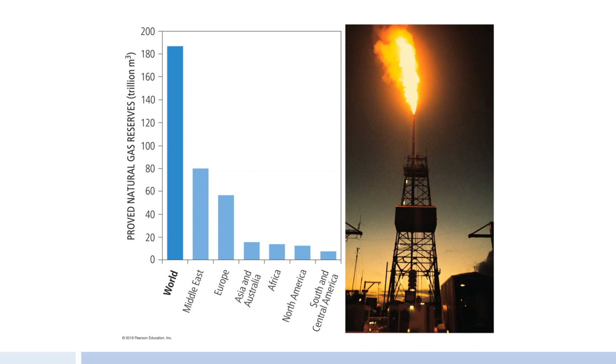And this categorizes Russia as part of Europe, I believe, because Russia also has an incredible amount of natural gas. 90% of Europe and Eurasia's natural gas reserves is found in two countries, Russia and Turkmenistan. So Europe really relies pretty heavily on natural gas from Russia.